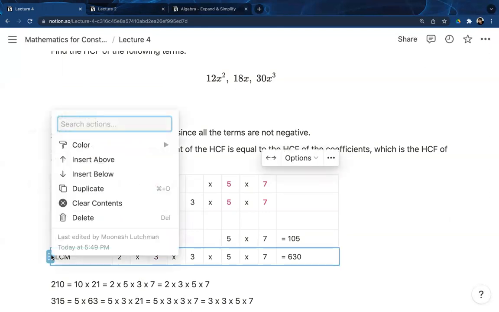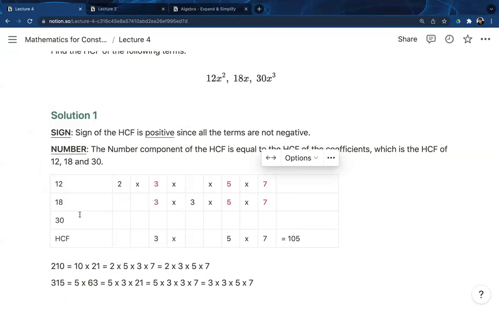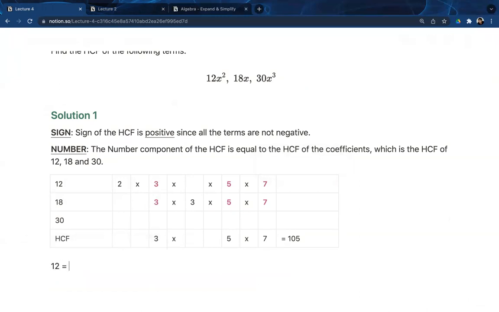And we don't need the LCM. We need to do the prime factorization of each number here.